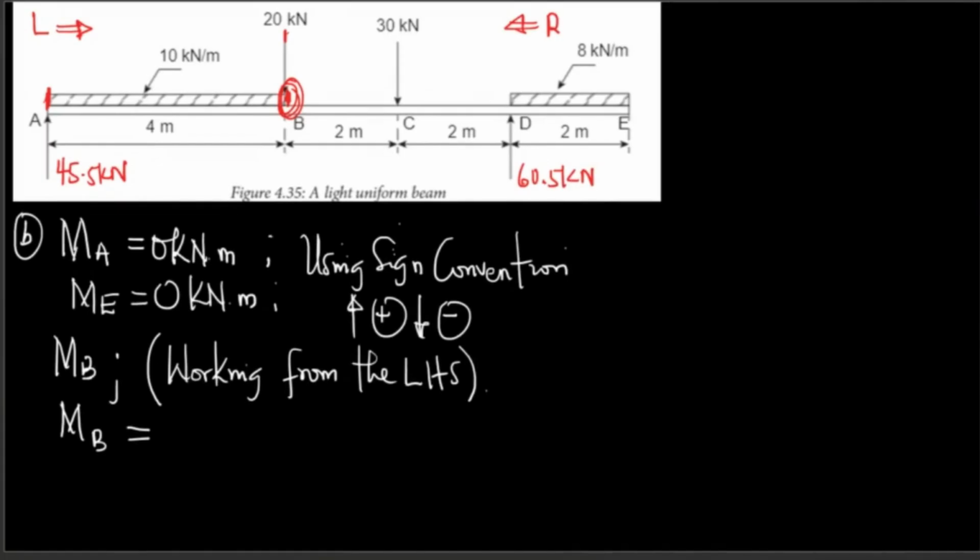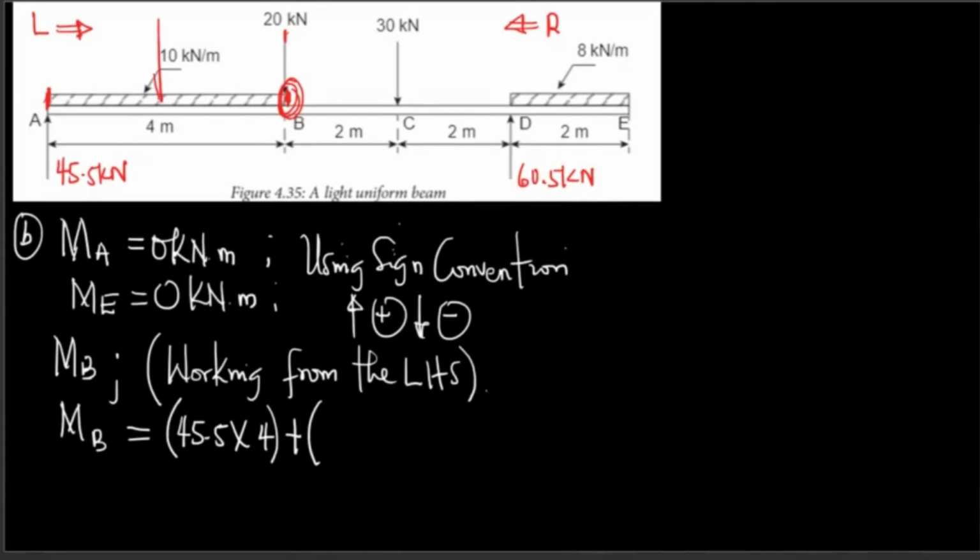Now, this is how it works. If you look at the reaction at A here, it's pointing up, right? So that is positive. So you write it as 45.5 multiplied by, we are taking moment about B, so the distance there is 4. You write plus.